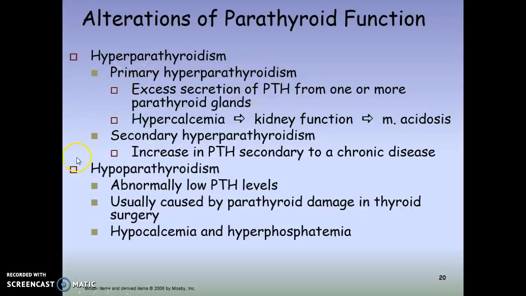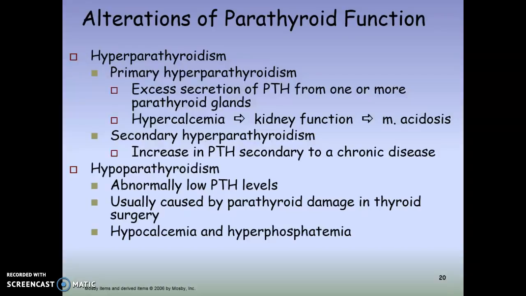Now, if we move to hypoparathyroidism, it's hypo, abnormally low levels of PTH, and in almost all cases, this is going to be due to parathyroid damage when a person has thyroid disease. Thyroid surgery, we'll get to it. 3rd time is the charm.